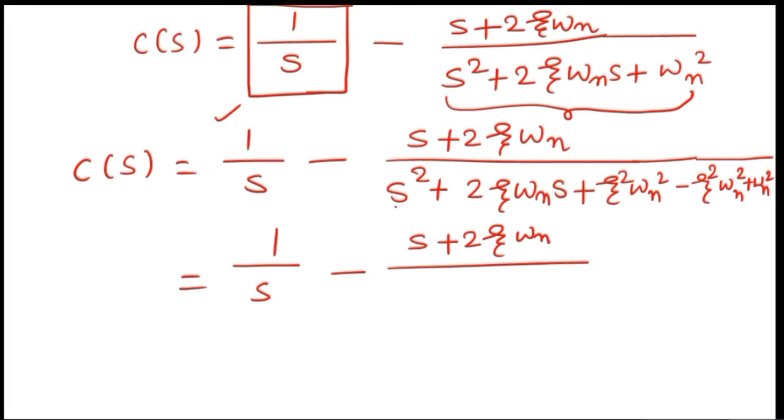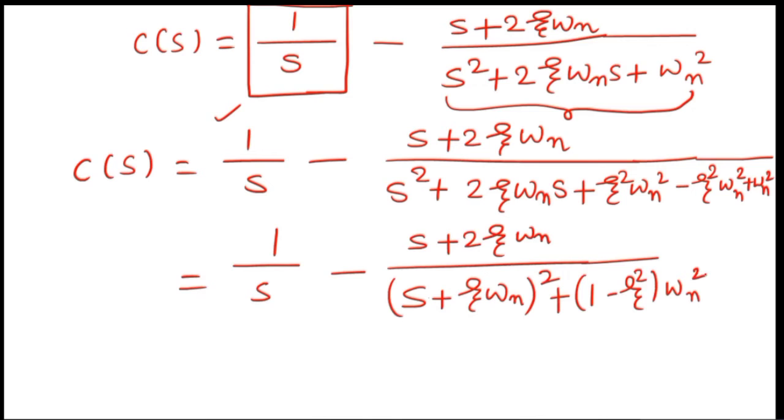Here, s square plus 2 zeta omega n s plus zeta square omega n square can be written as s plus zeta omega n whole square, plus 1 minus zeta square into omega n square. This 1 minus zeta square into omega n square, we call the damped natural frequency of oscillation.